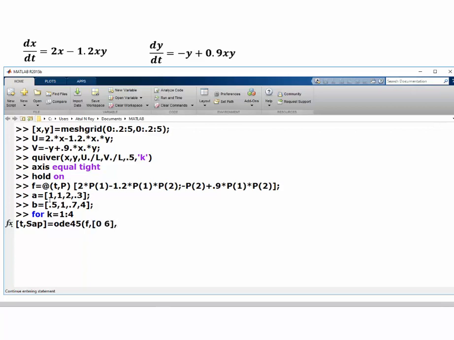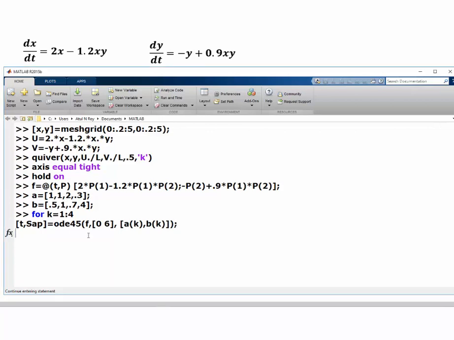Again, you can determine it by intuition, inspection, or calculation. Then we enter the values for the initial conditions, A(k), B(k), and close this bracket. Sorry, I had the wrong bracket here. There we are.